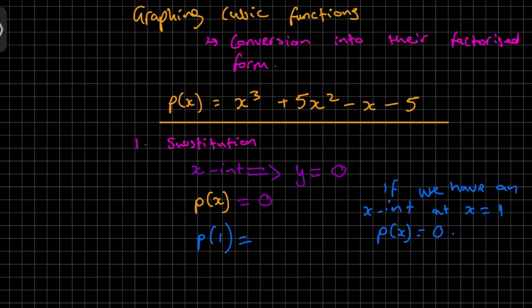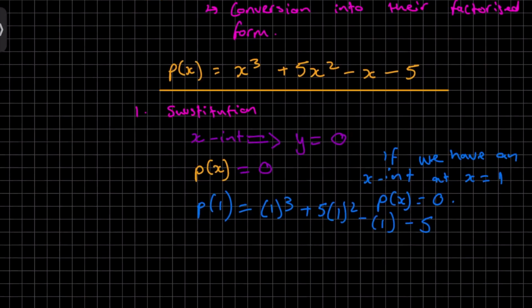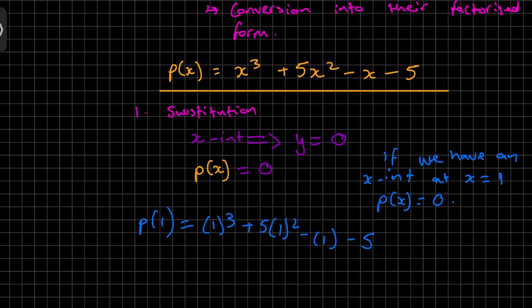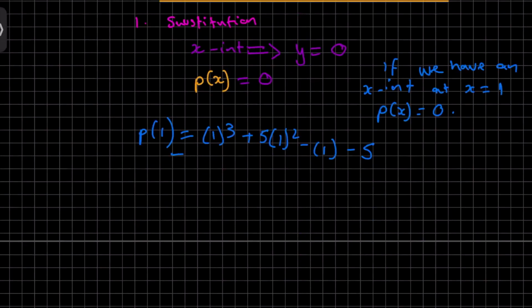So p of 1 would be equal to 1 to the power of 3 plus 5 times 1 to the power of 2 minus 1 minus 5. Let me move this down to make it a bit clearer. 1 to the power of 3 is simply 1, plus 5 times 1 to the power of 2, which is the same thing as 5 times 1, minus 1 minus 5.